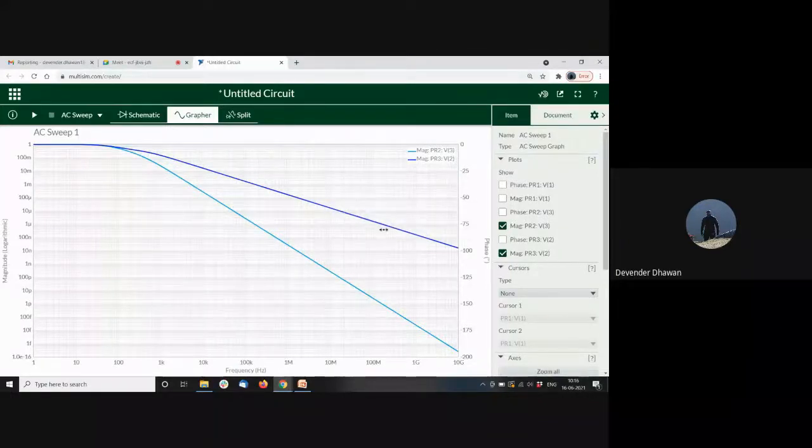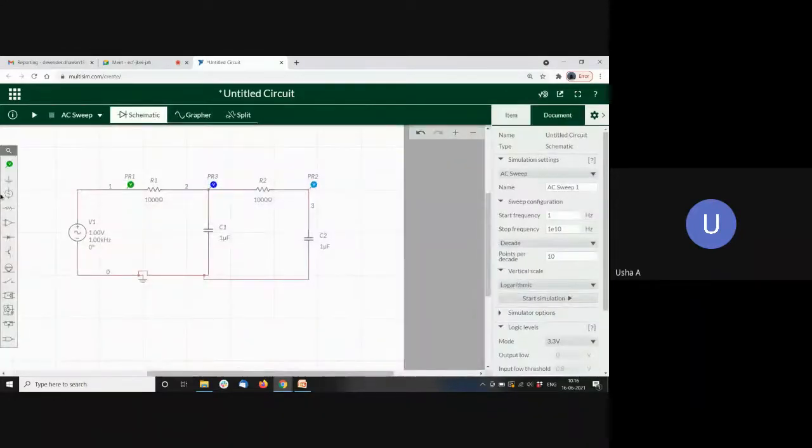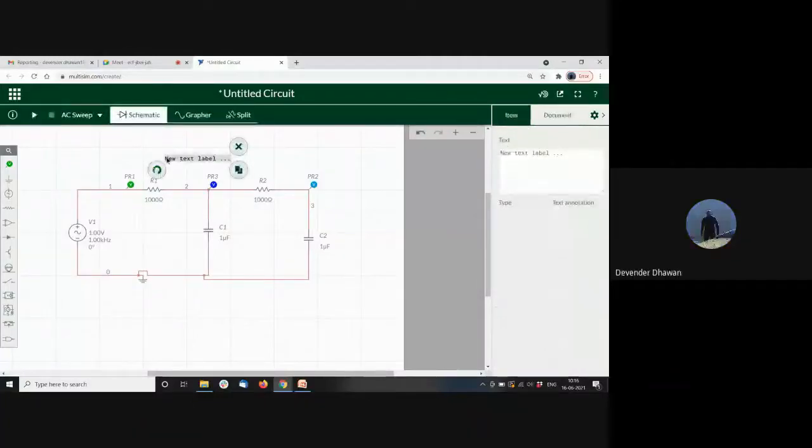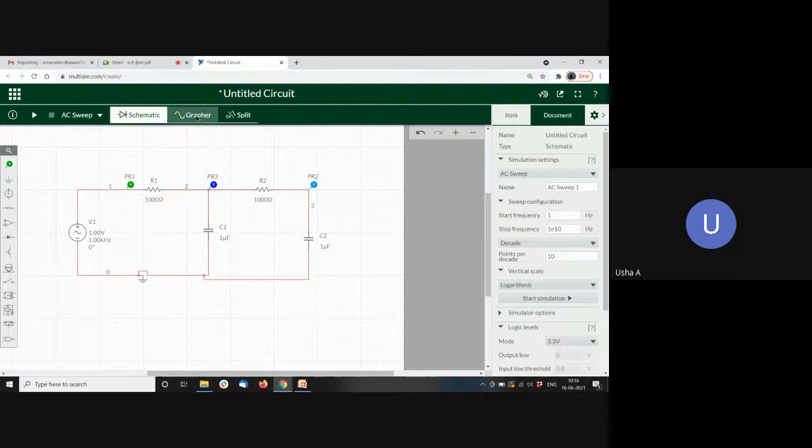Any questions on this? Can we write the text on the graph, like this is first order, second order, like we are writing annotations on the circuit? Can you do it in the graph also? On the graph, ma'am? I guess we can.